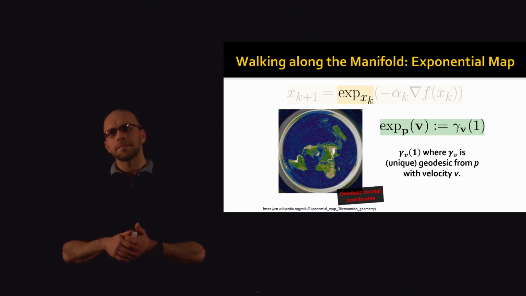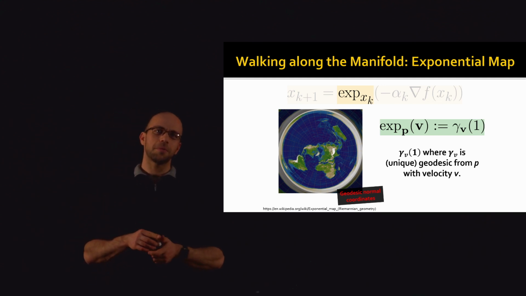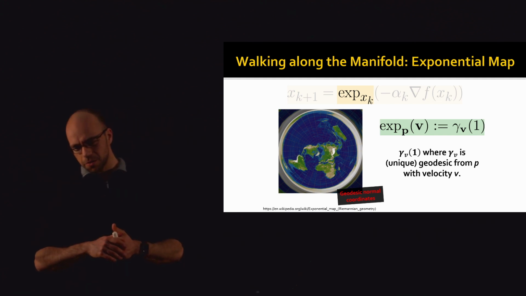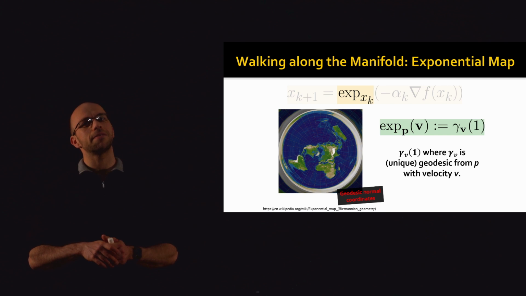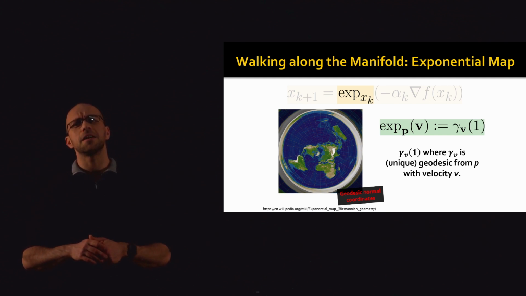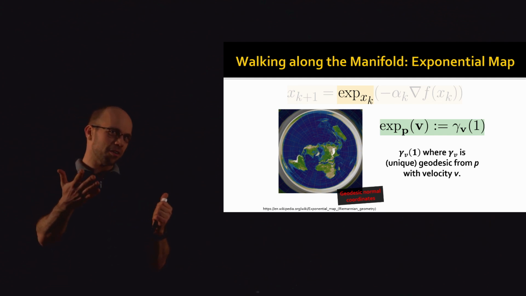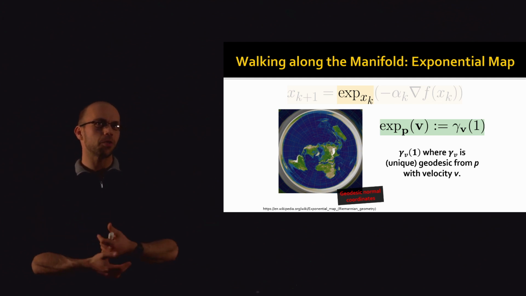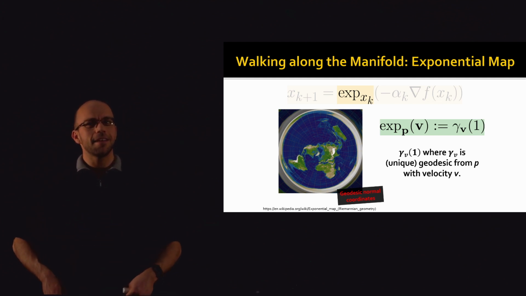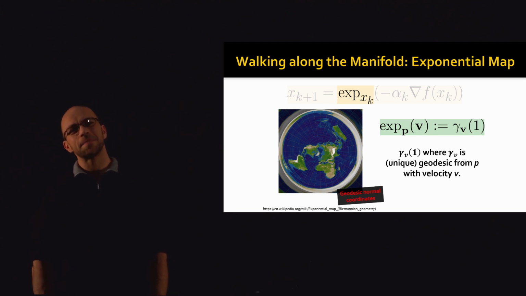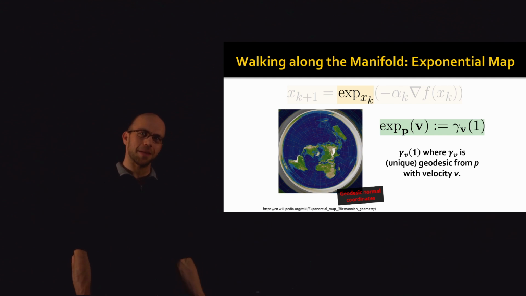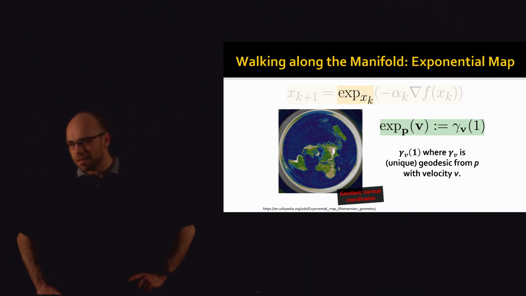Now, there's one complication from a practical perspective, which is that in this area of research, we're not working with general manifolds, right? There are very specific manifolds that tend to come up quite often, like the unit sphere, the manifold of orthogonal matrices, and so on. This is not just a general surface, like a bunny or a cow that we're trying to analyze. And so oftentimes what you really hope for is a closed form exponential map. Sometimes that's possible and sometimes that's not, right?